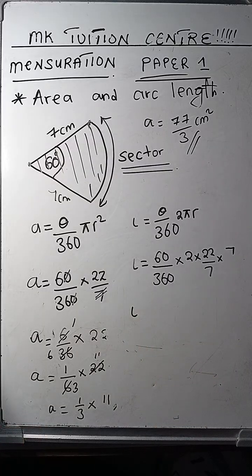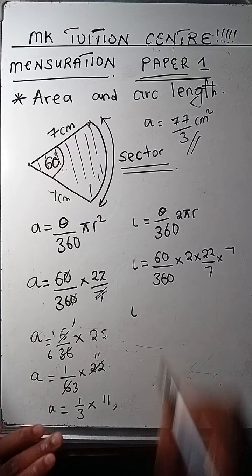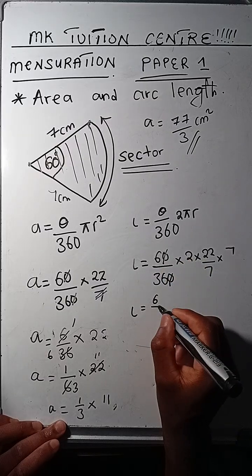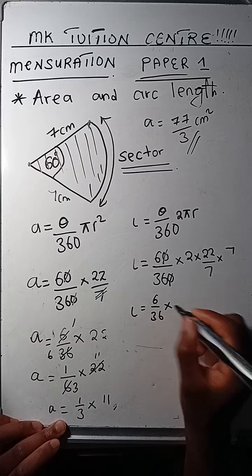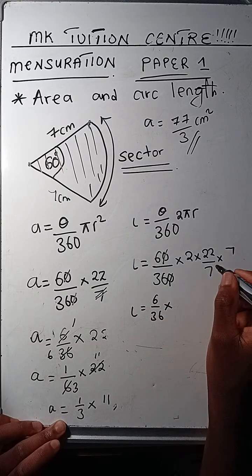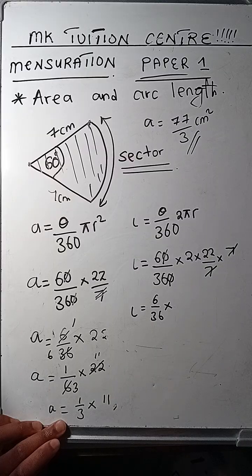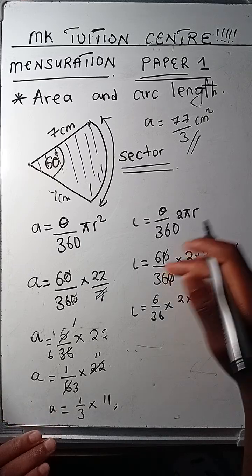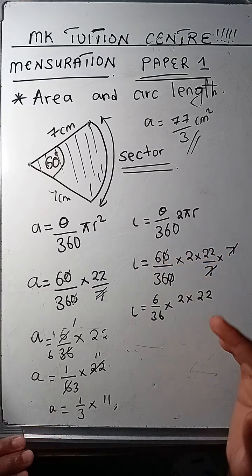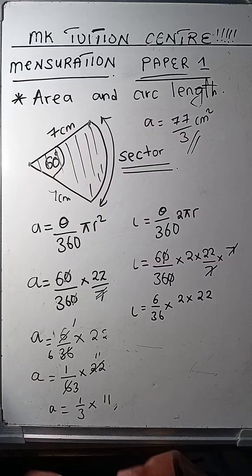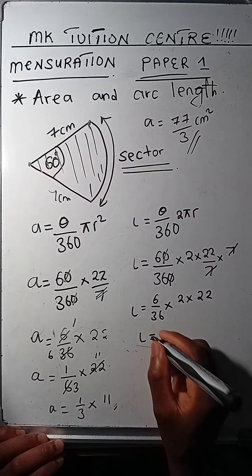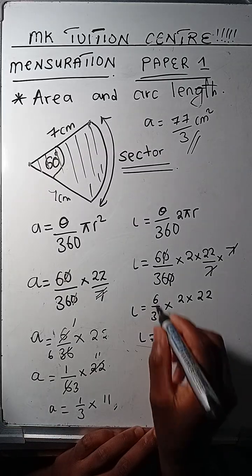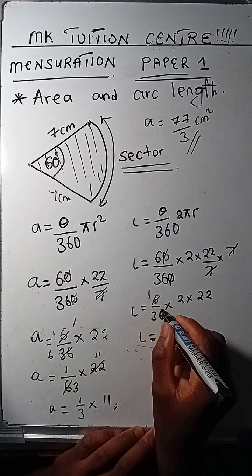All right, we proceed. So here we can start out by cancelling these zeros. So we're going to have 6 over 36. So here we can cancel these two sevens. So we're going to have 2 times 22. If you can, cancel out as many as you can just on the first step. But I'm just trying to do this step by step so that everyone understands. Okay. So here you can use 6 to simplify this. 6 here is 1, 6 here is 6.